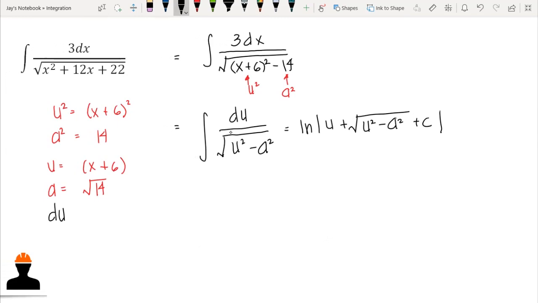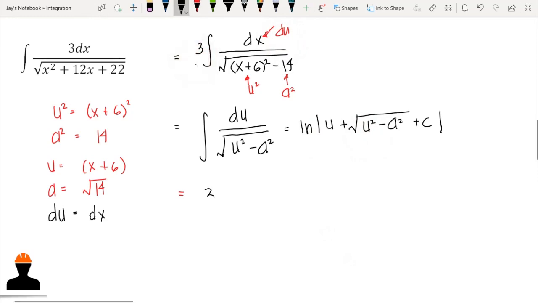Our du here, that is only dx. So upon looking at the function, we can take 3 outside of the integration and we have satisfied du. So we may not introduce a multiplier and a reciprocal outside of the integration. So we are okay with this one. So we can go directly with this function. However, take note, we have 3 outside of the integration.